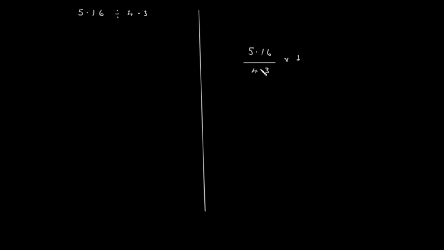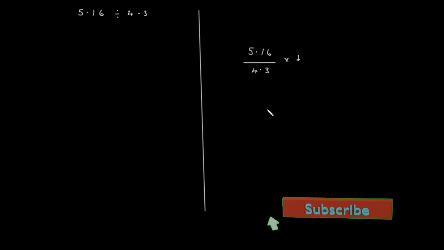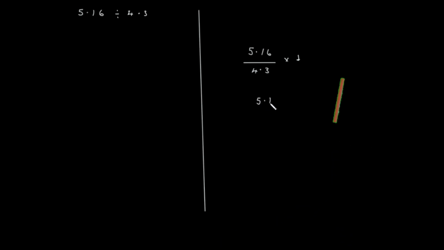But if I want to get rid of the decimal point there, I can multiply the bottom by 10, and we have to multiply the top by 10, which is the same as multiplying by 1. This now gives us 51.6 divided by 43. Now the 2 will give you the same answer.